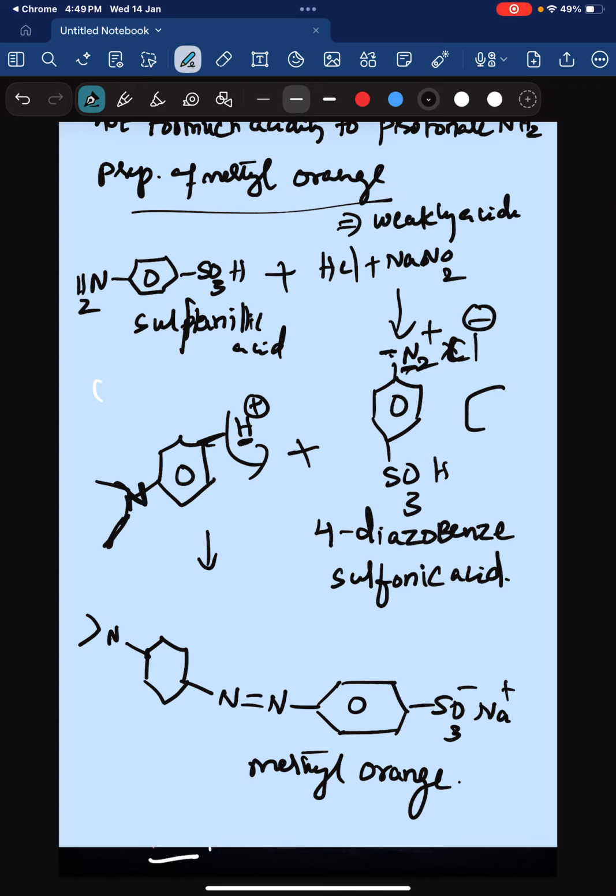The same acidic medium, that is a pH value of 4 to 5, needs to be used. So this is how the final product is going to form. Thank you. That's all, students.